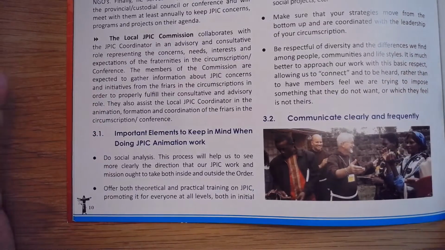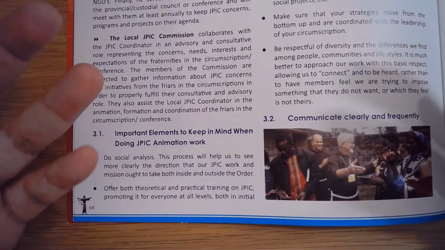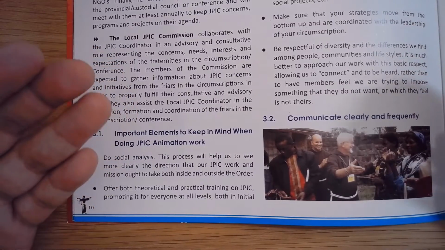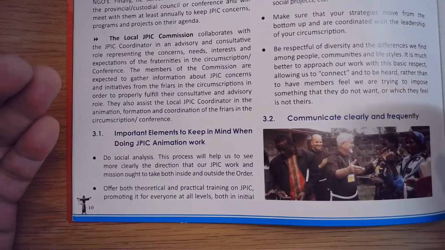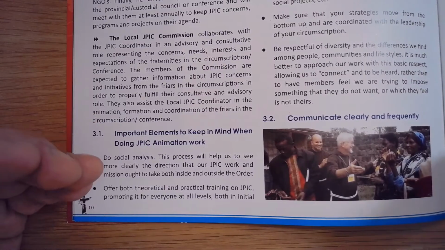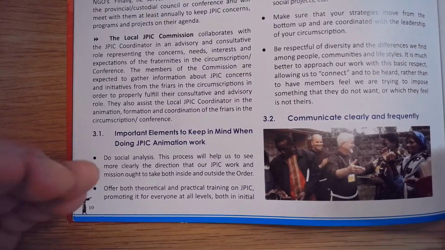After that, you sit down with them, and you ask them, how can the Capuchin order help you? It is still them who are telling you, maybe you can help us in this aspect. And together with them, you go and try to ask for the assistance that they are looking for. So this is very important to make a good social analysis: to really feel what they are experiencing, and to really listen to what they truly need.